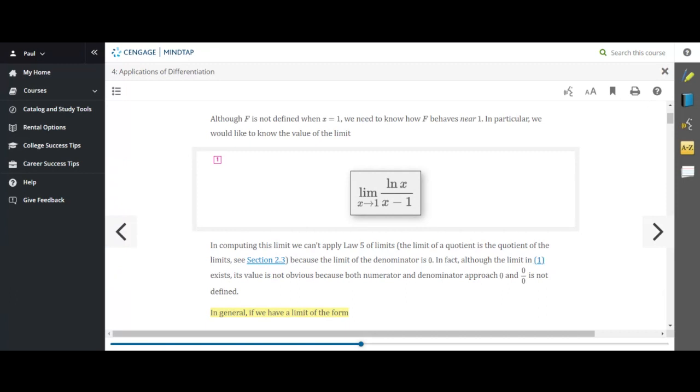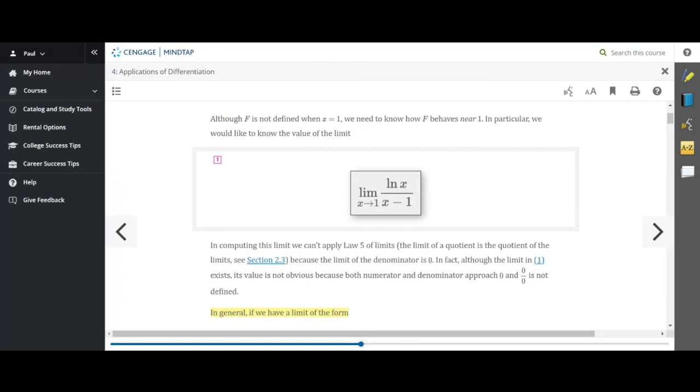What really matters is the rate at which the numerator and denominator approach 0 as x goes to 1. That's going to help you determine the limit. The limit laws that you learned back in chapter 2 of this textbook don't apply in this situation, because the denominator is approaching 0.